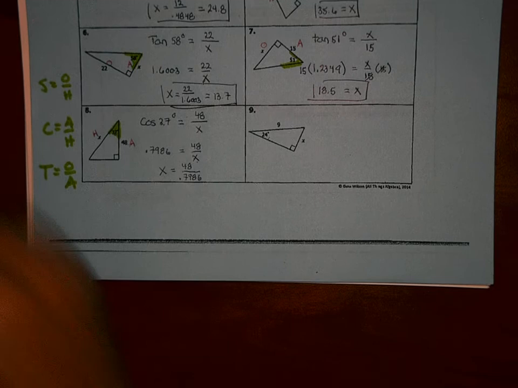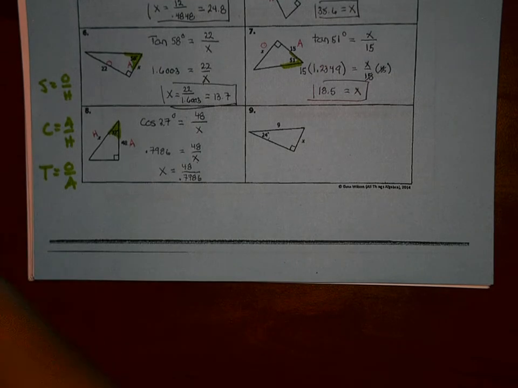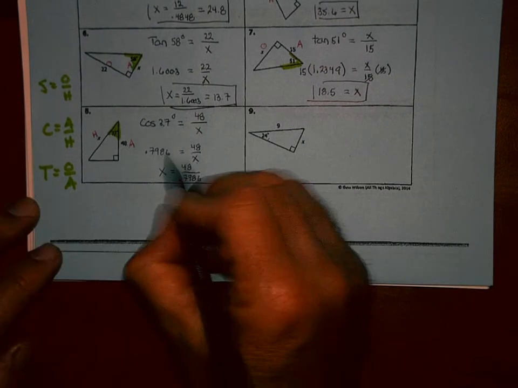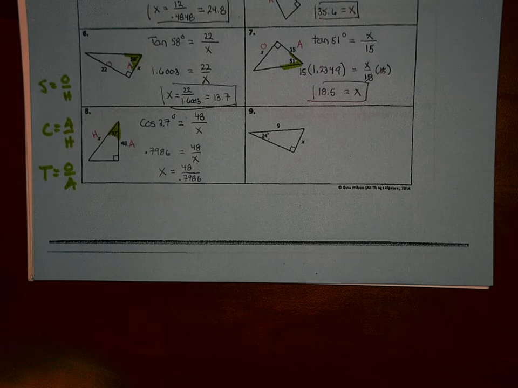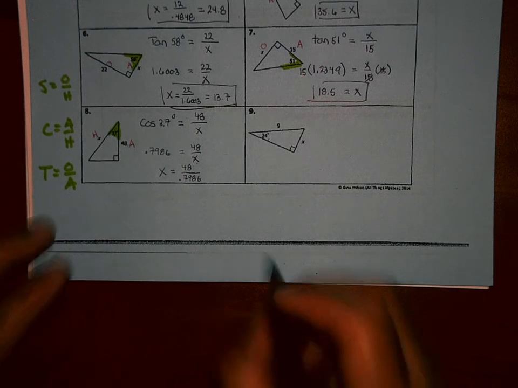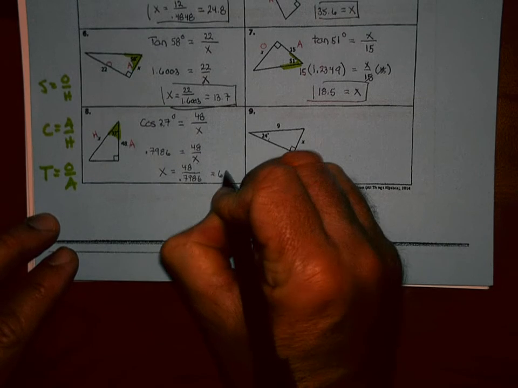Stick around at lunch, after school, or before school, and I'll show you why that switcheroonie works. But if you're happy with it and you have no reason to believe I'm not telling you the truth, just do it. So 48 divided by 0.7986 turns out to be 60.1. So there's your answer to number 8.